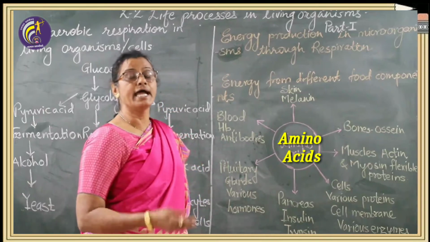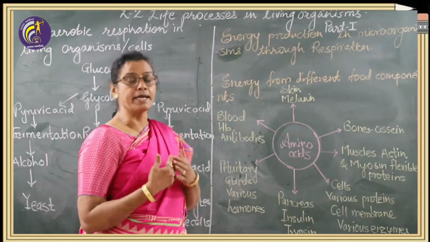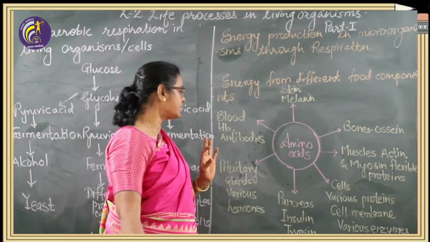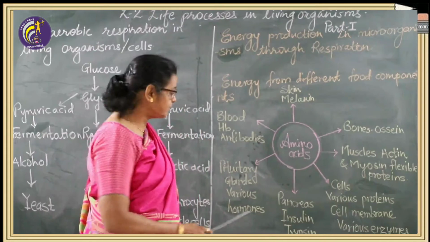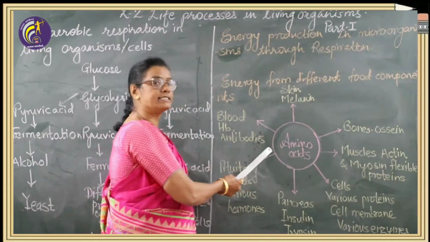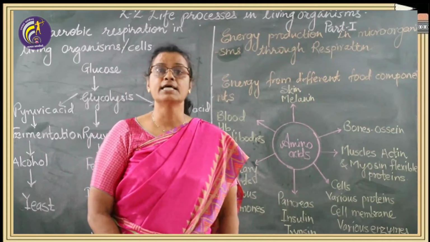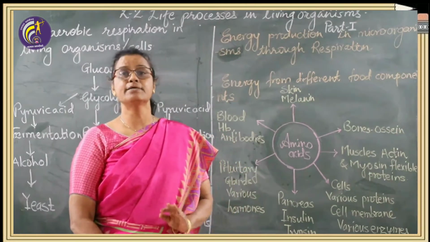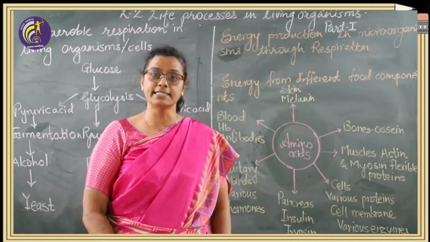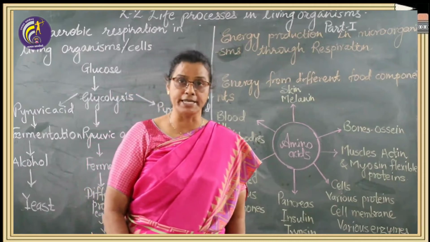In our body, antibodies are produced by using these amino acids. So, students, we have seen that amino acids are the building blocks of proteins, and by using various amino acids, proteins are synthesized in our body.